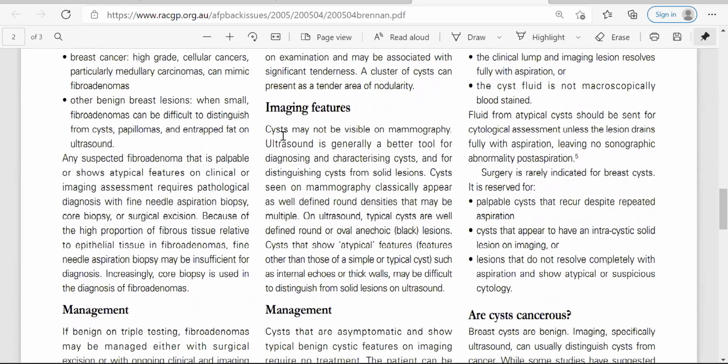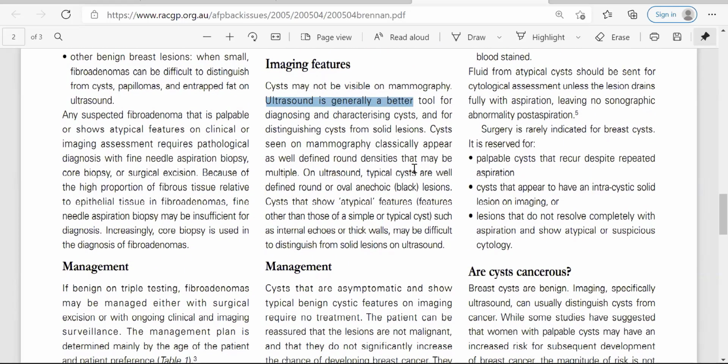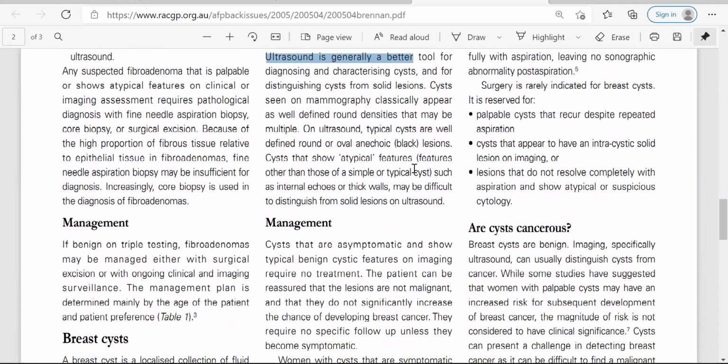Imaging. Cyst is usually not very well visualized on a mammogram, so you should do an ultrasound first to see if it is a cyst or a solid lesion. If you get a cyst, then you can aspirate and send the cytology of the fluid to rule out any cancer.